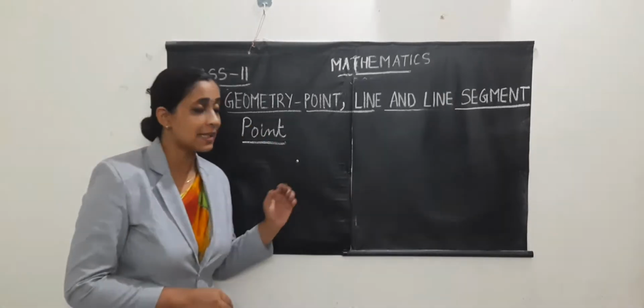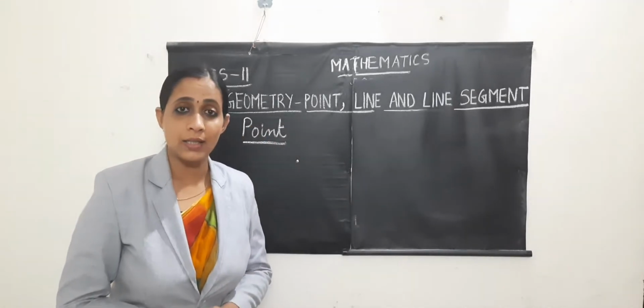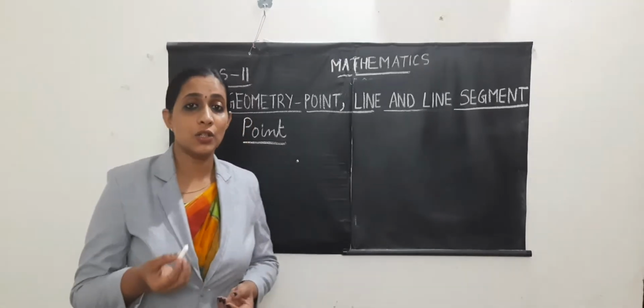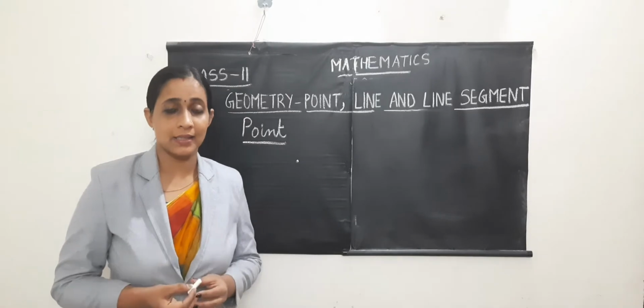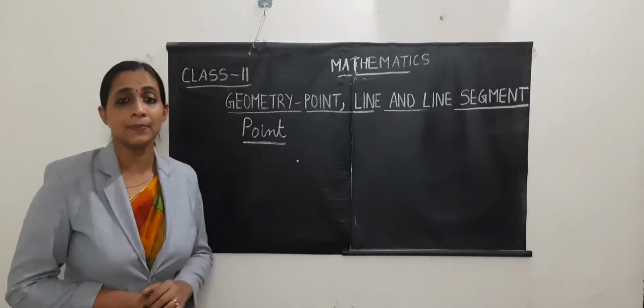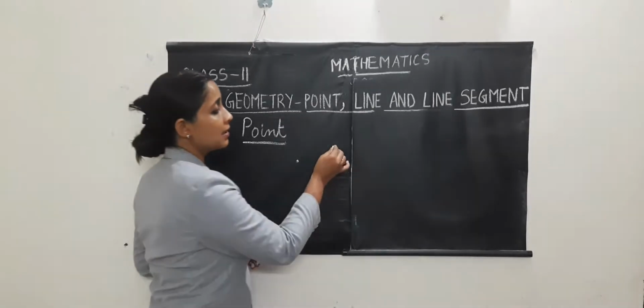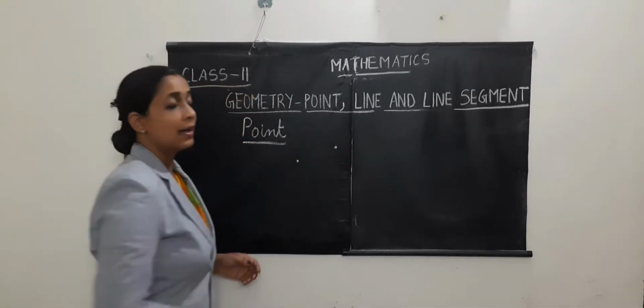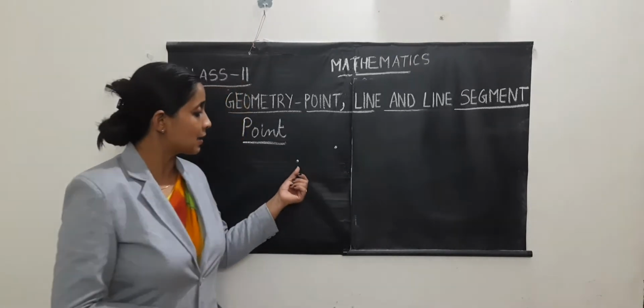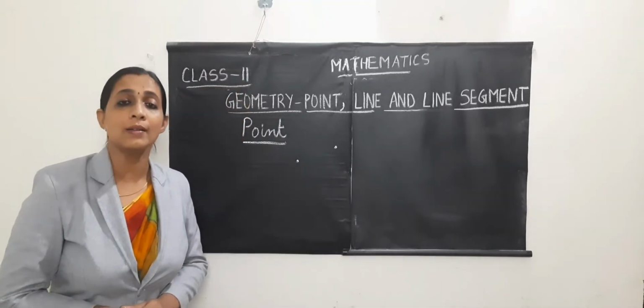Yes, this is a point. A dot made with a pen, pencil, chalk or marker is called a point. See, this is a dot. A point is a dot. It has no length or breadth.